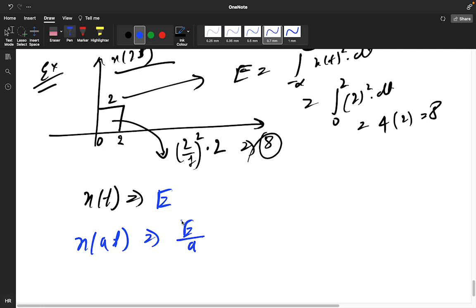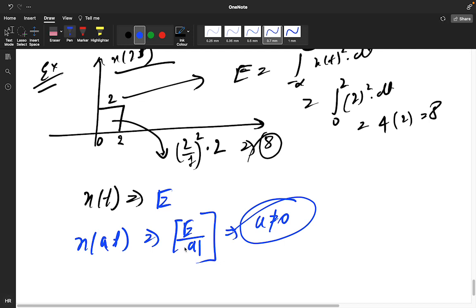E upon A. Here, one thing is that A should not be equal to 0. And you have to write not E by A, but E by mod A, because a negative value does not affect it. So always remember E by mod A.